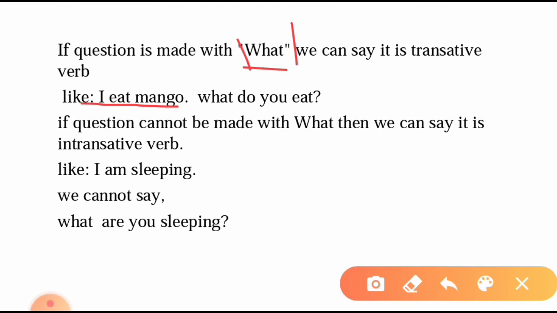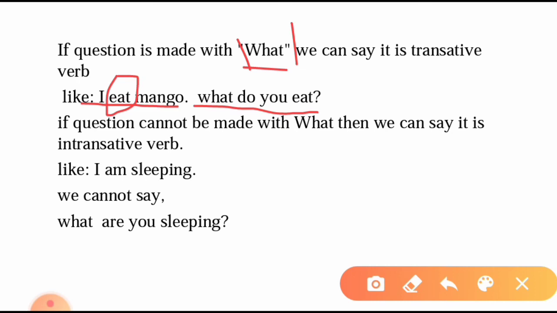Now you can make an interrogative sentence of this. What do you eat? It is possible to make a question with what. So if it is possible, we can say the verb that we have used in the sentence is a transitive verb, because of this verb we can make a question with what.